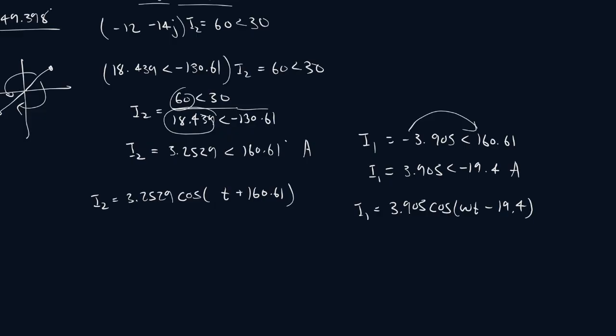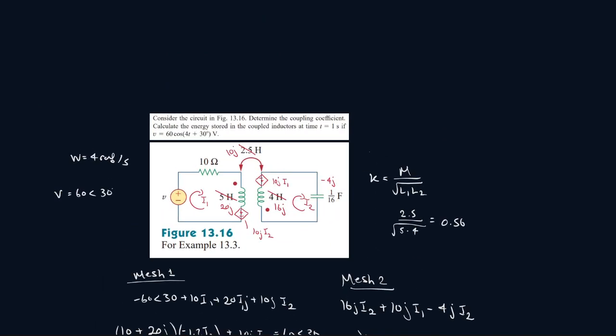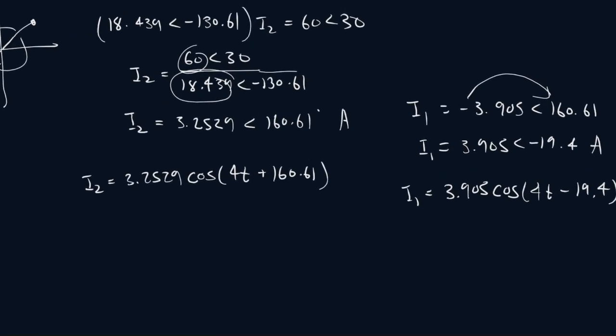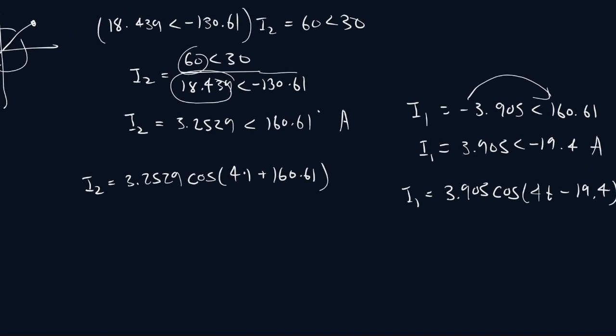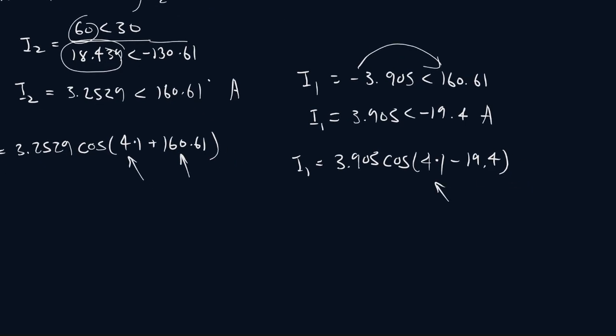Now w, recall, was 4. And pretty much what they want is the energy in the inductors when t was 1. So t will be 1 here. But don't start adding them yet, because this is in radians and this is in degrees, and so are these two.